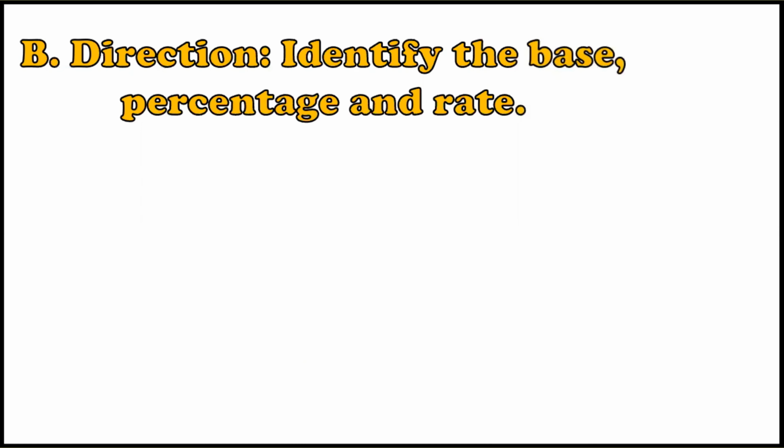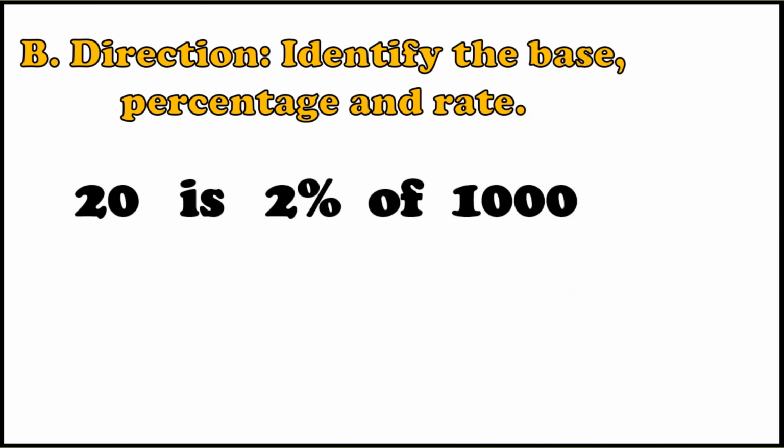Okay. So sa letter B naman, we have direction: identify the base, percentage, and rate. Since na-discuss na natin yung base, percentage, and rate nung nakaraan, i-determine natin kung saan po ba dito ang base, saan ang percentage, saan ang rate. Okay, so meron po tayo ditong 20 is 2% of 1,000.